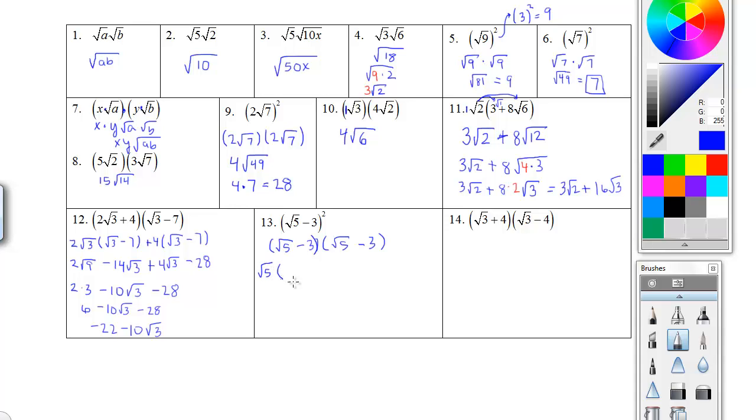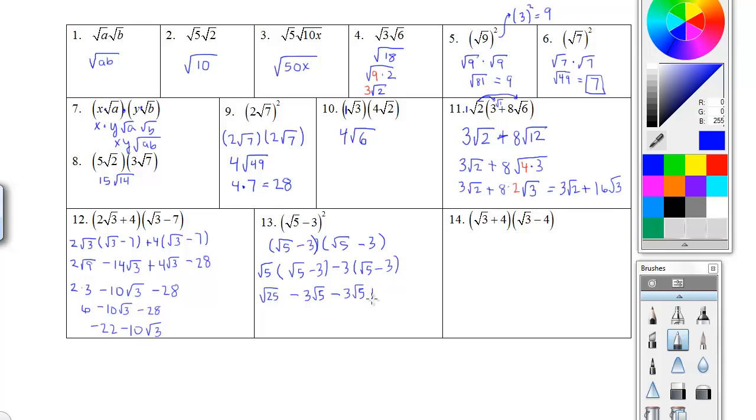Root 5 times root 5 minus 3 minus 3 times root 5 minus 3. So root 5 times root 5 is root 25. 3 times root 5, or root 5 times 3, is just minus 3 root 5. 3 times root 5 is 3 root 5.